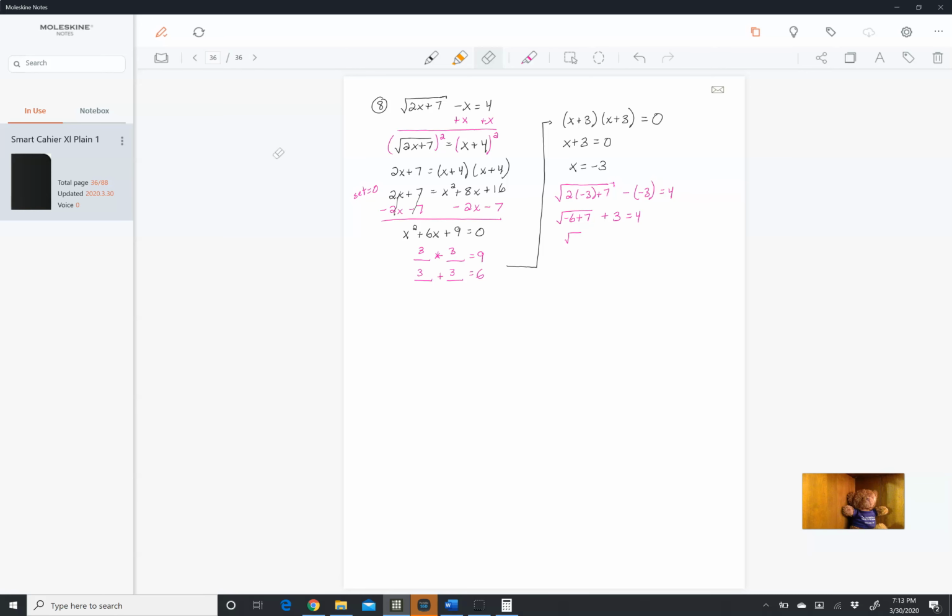This is the square root of 1 plus 3. And 1 plus 3 is equal to 4. This is not extraneous. This is an answer. Okay? Okay, let's take another one.